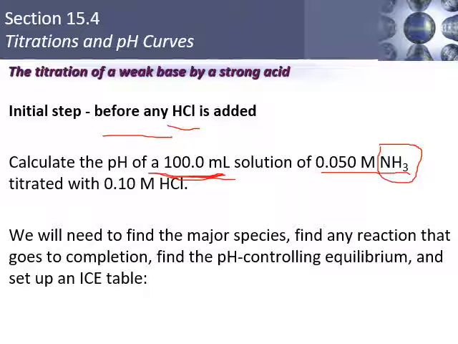So all we have to do is set up an ice table. We don't have any stoichiometric calculations to do, right, because we haven't added anything. We will do that later, but not now. So we want to set up an ice table. The initial concentration of the NH3 will be 0.05. So what do we write across the top of our ice table? Well, we're starting obviously with NH3, so we would write NH3 plus something.